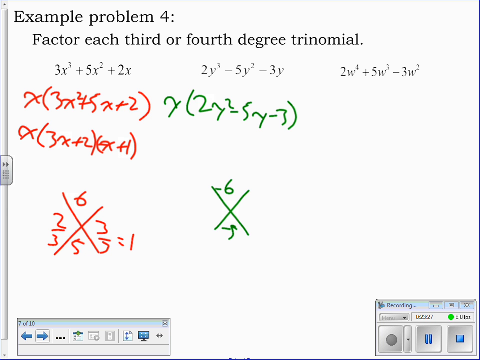Negative 2 and negative 3 aren't going to work. Negative 6 and positive 1. Divide by the 2 that's in front. So this one reduces to negative 3. So I have y minus 3, 2y plus 1.